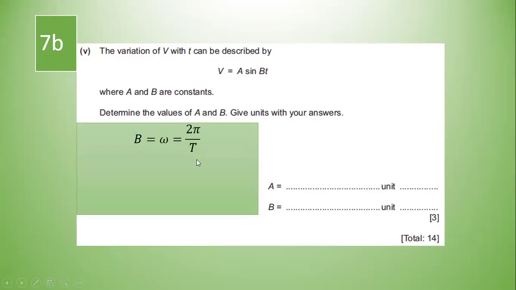It's 2 pi over T. 2 pi over T, where T equals 2 times 10 to the power minus 3, giving 3100 radians per second. A equals E naught, 0.72.